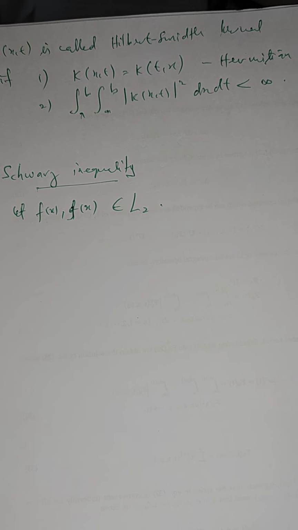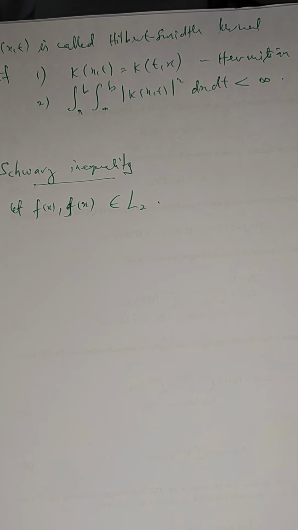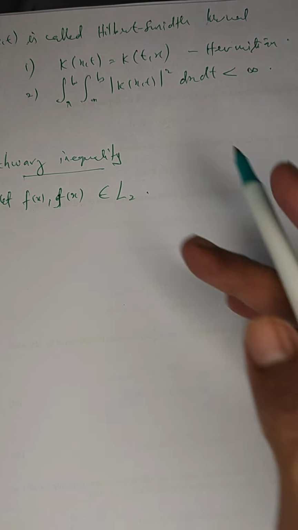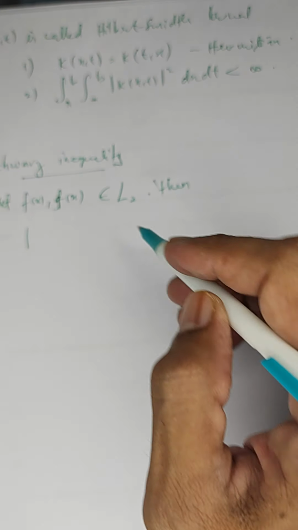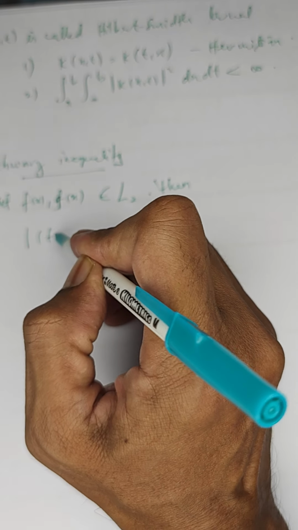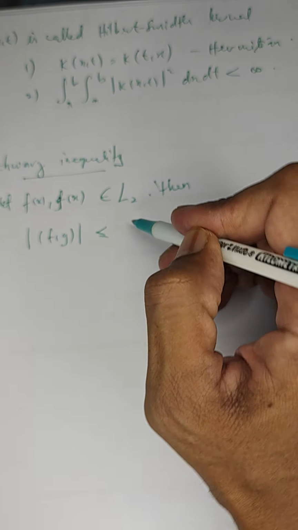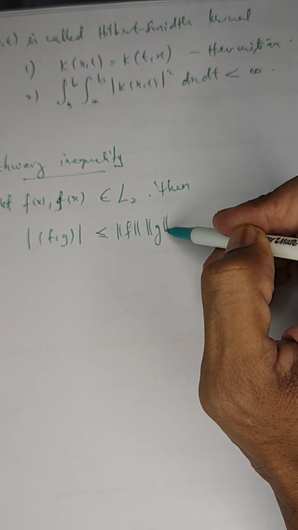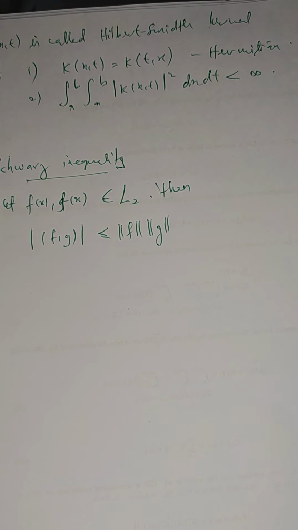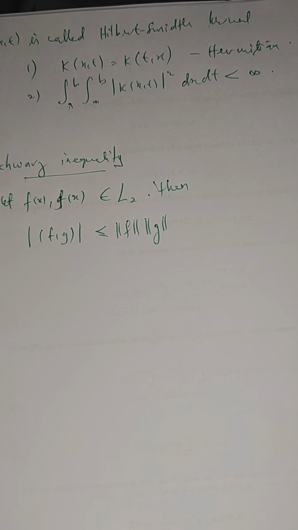That's the L2 I defined at the beginning of our lecture. Then the following inequality, known as the Schwarz inequality, holds: the absolute value of the inner product of f and g is less than or equal to the norm of f multiplied by the norm of g. So we're going to prove this.